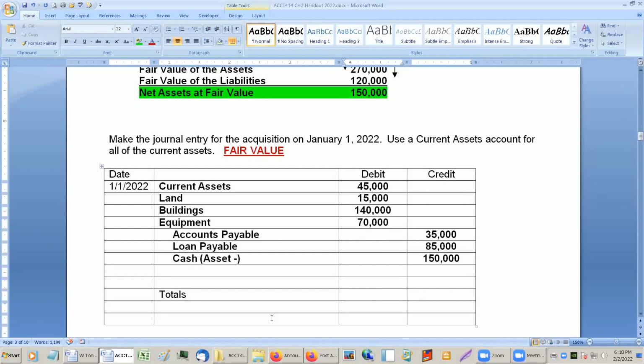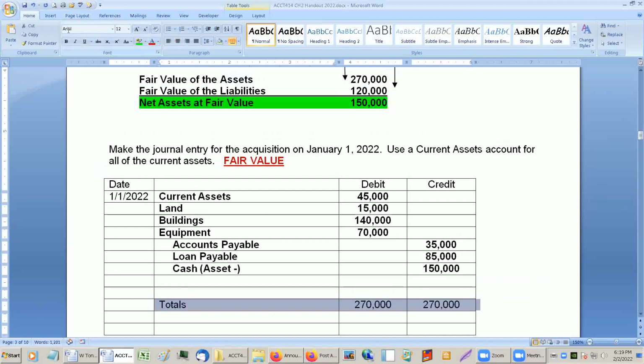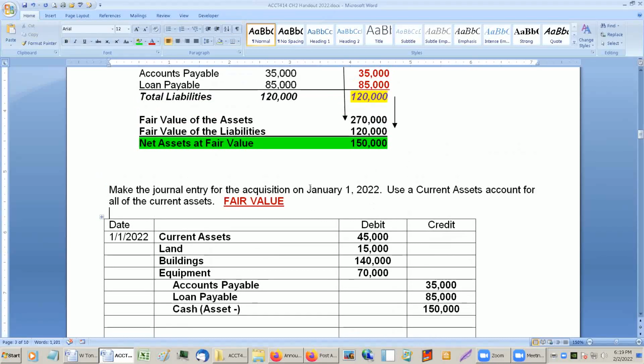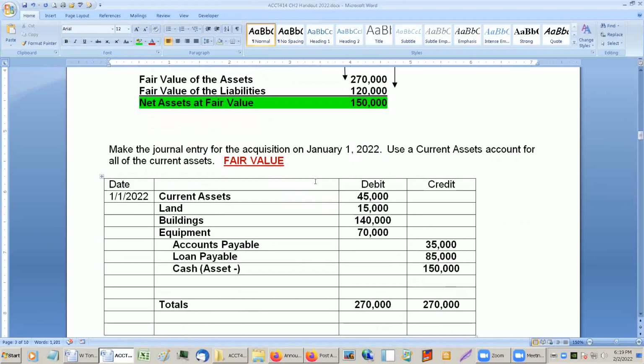Time for Mr. Calculator. So this is what we paid. We paid for it.